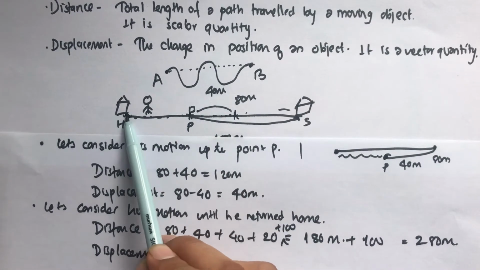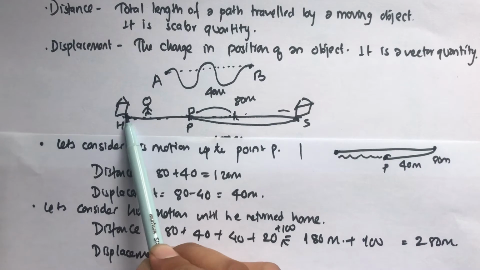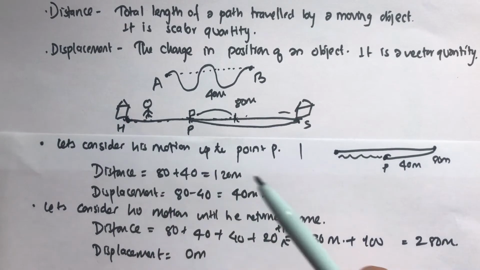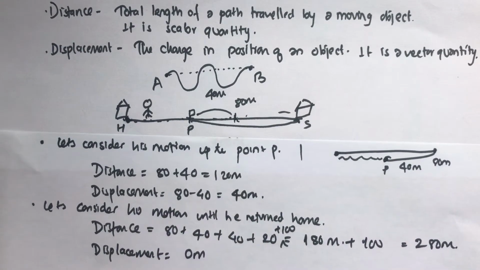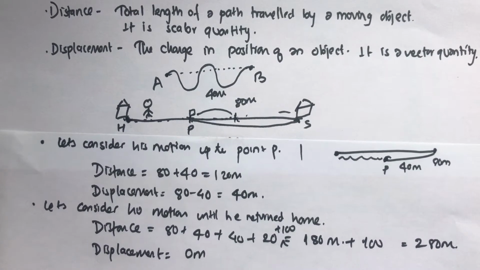So his initial starting point was home, and his final ending point was also home. So his displacement was 0 meters. Again, to find the displacement of an object, we consider its initial position and its final position, and the distance between these two positions is the displacement.